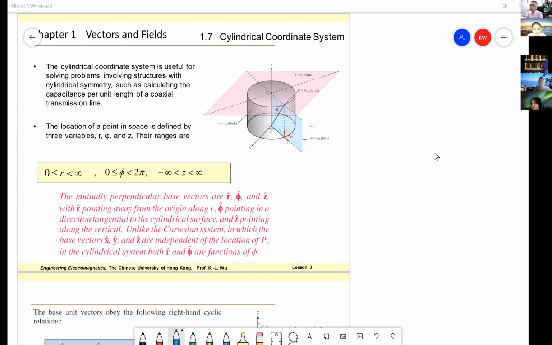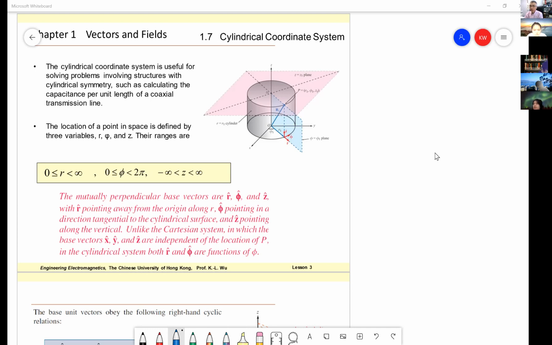For the cylindrical coordinate, again, we need to define three surfaces. The intersection of three surfaces defines a unique point.